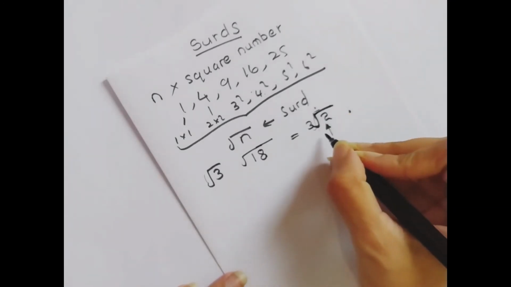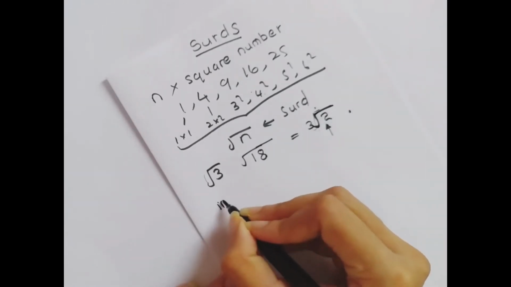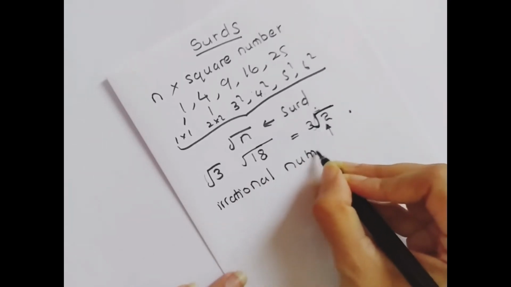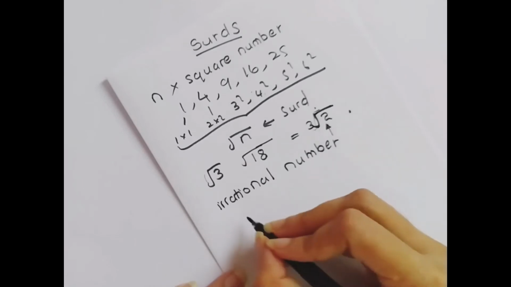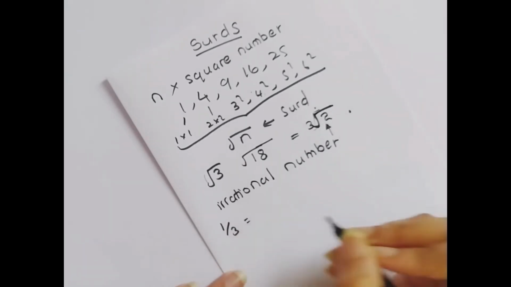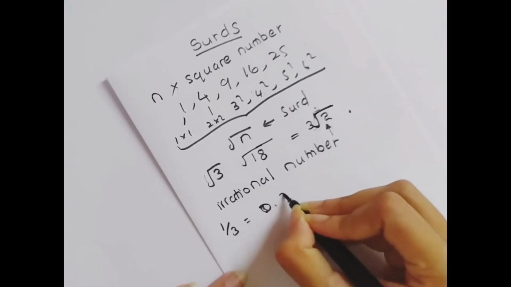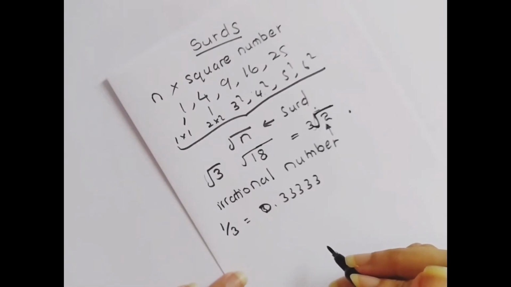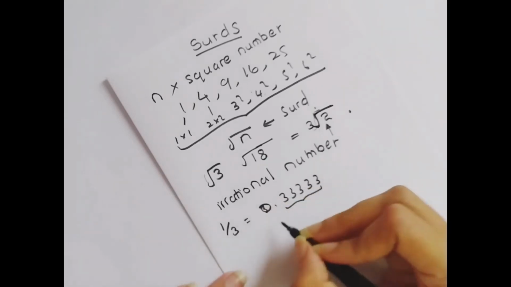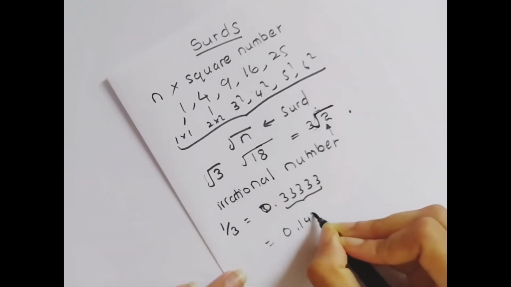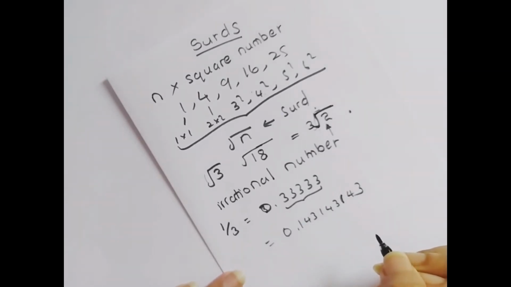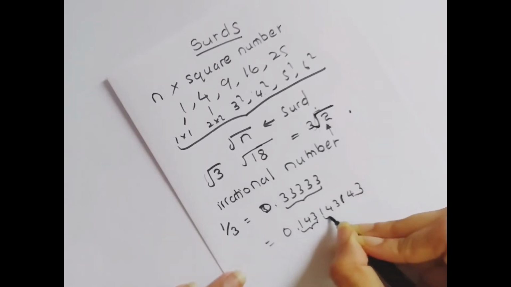And you must remember these surds are irrational numbers. What do you mean by an irrational number? If I ask what is 1 over 3, the answer is 0.3333333, which goes on to the end. So here you can see the number repeats. And sometimes there are numbers like 143, 143, 143. If the answer is like this, you can still see 143 is repeating.